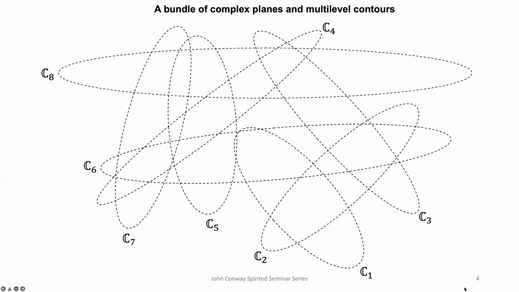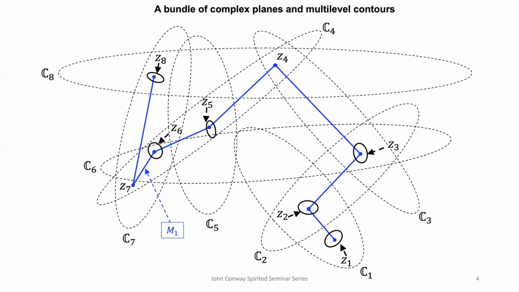Let us consider bundles, composition bundles of this sort, where there are several planes. I think 1, 2, 3, 4, 8 planes are there, intersecting each other. And see here, I have drawn a contour.